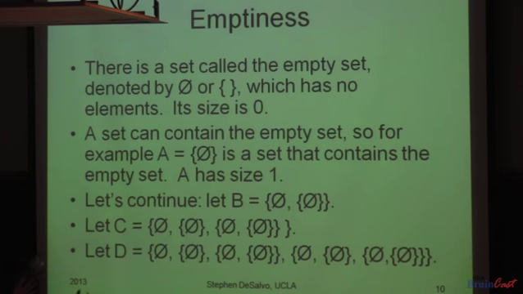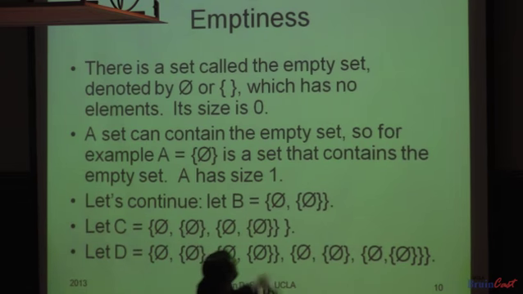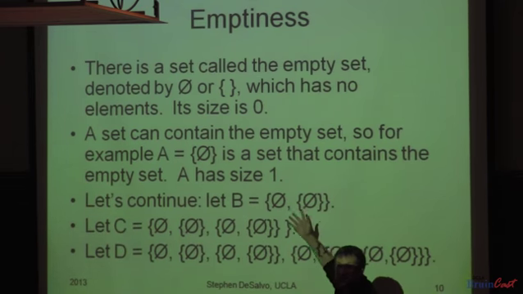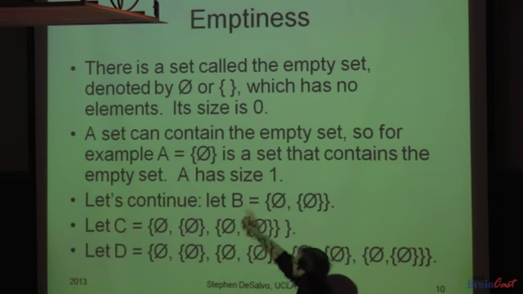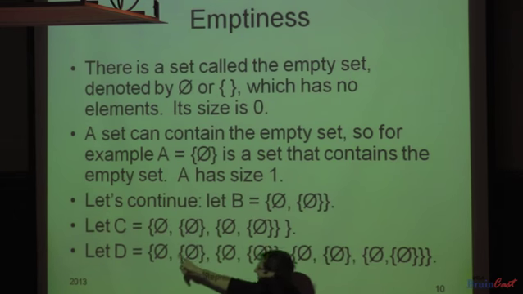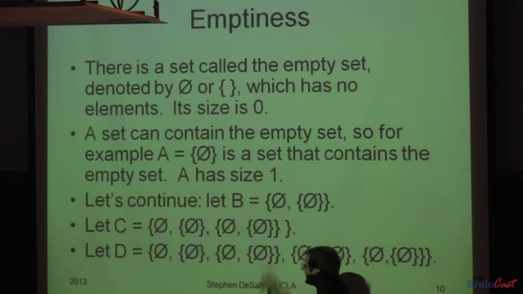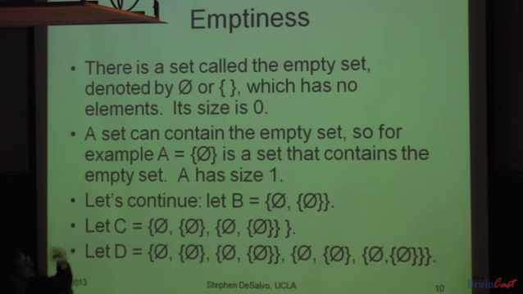You can continue this line of thought, and I was trying to be a little cute when I wrote these slides initially. If you let B be the set of all previous sets that you've seen, the empty set and the set with the empty set, and you let C be the set of all sets you've seen before, and then D, and so on, look at the sizes of those sets. The size of the empty set is 0.